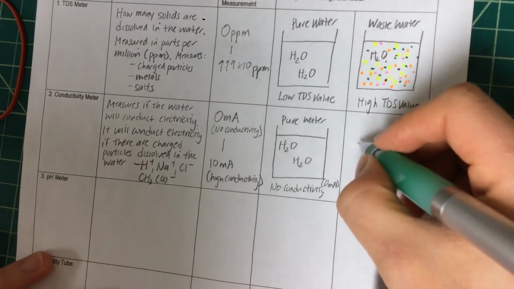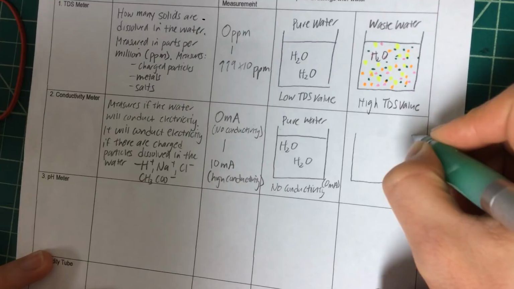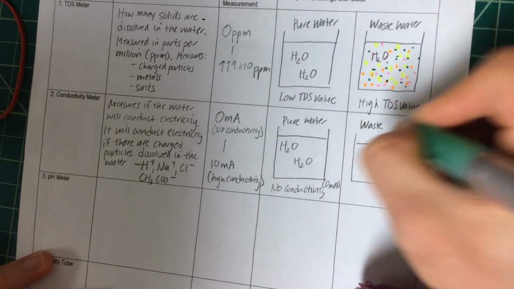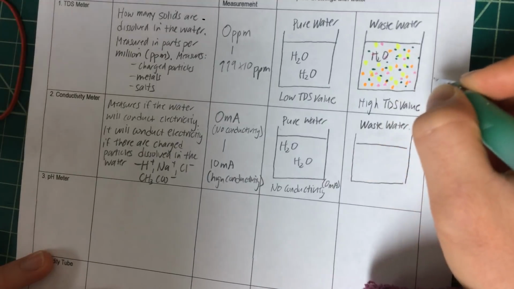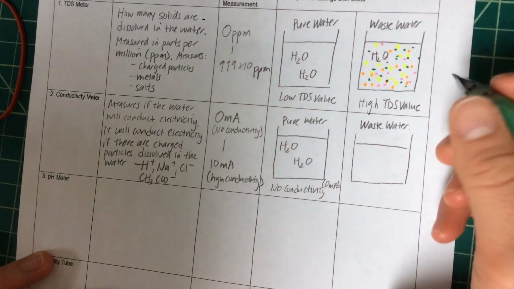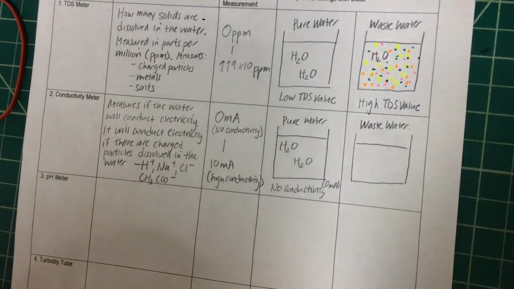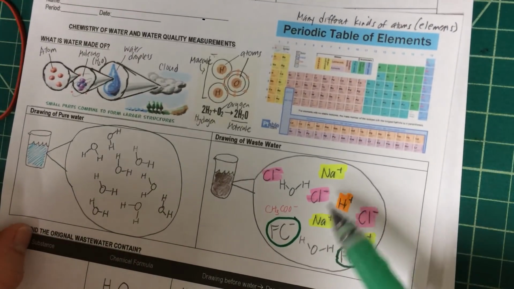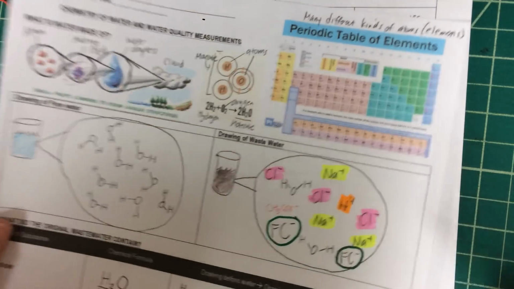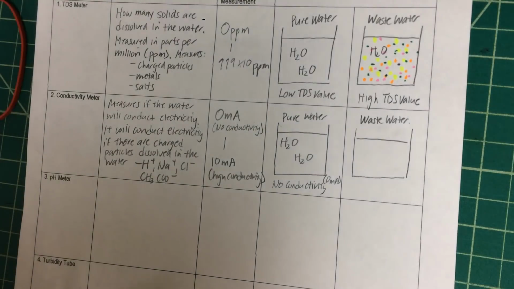Now let's draw a picture of the wastewater. In our wastewater, we had some charged particles, right? Remember, we had Na+, Cl-, food coloring is negative, and so is acid. So we're going to go ahead and draw those out.